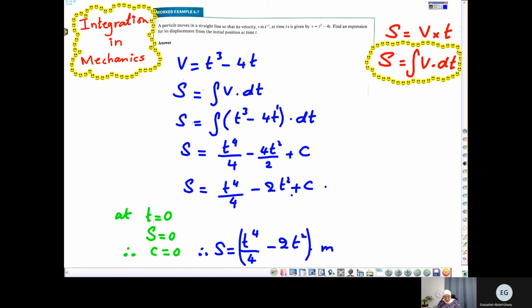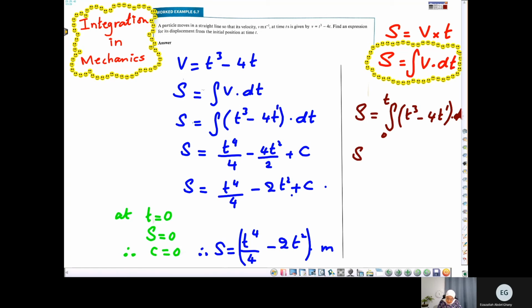But there is another method. If we have limits, I can do it like that. S equals the integral sign, of t cubed minus 4t to the power 1 with respect to time, and the limits will be from 0 to time t. In this case, if we have limits, we don't have to mention the constant of integration.